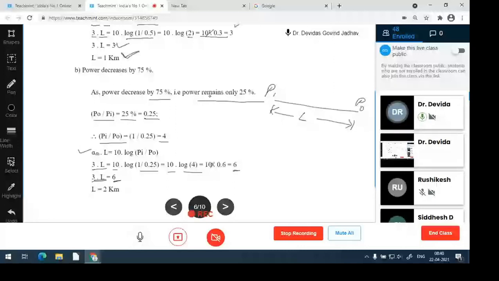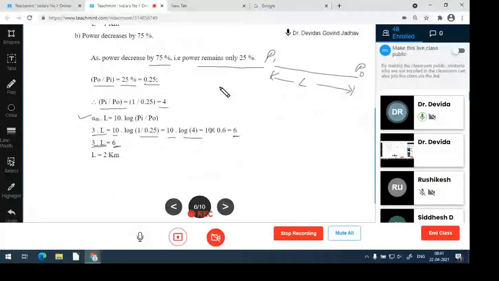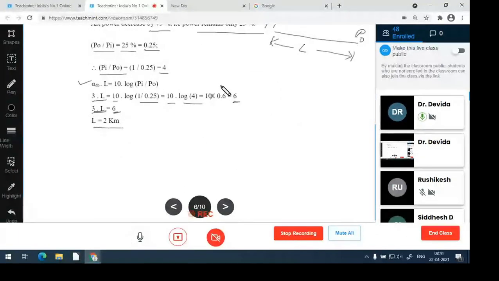What will L be? L is 2 kilometers. So at 2 kilometers, the power will be decreased by 75%, and only 25% will remain. So for 1 kilometer, it decreases by 50%, and after 2 kilometers it will decrease by 75%.